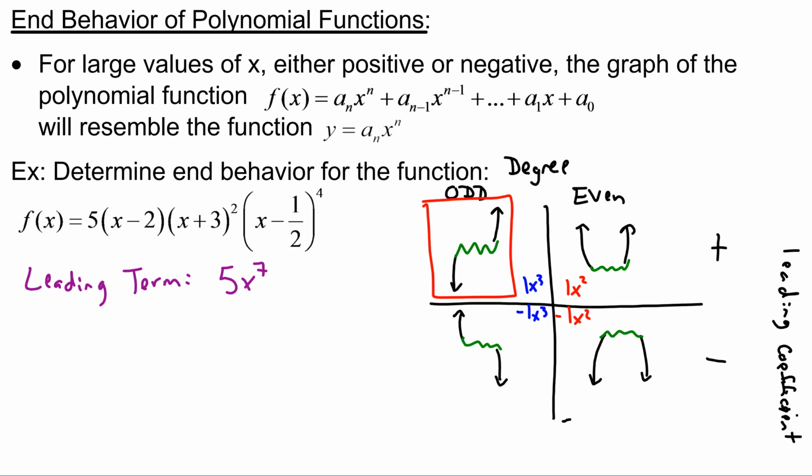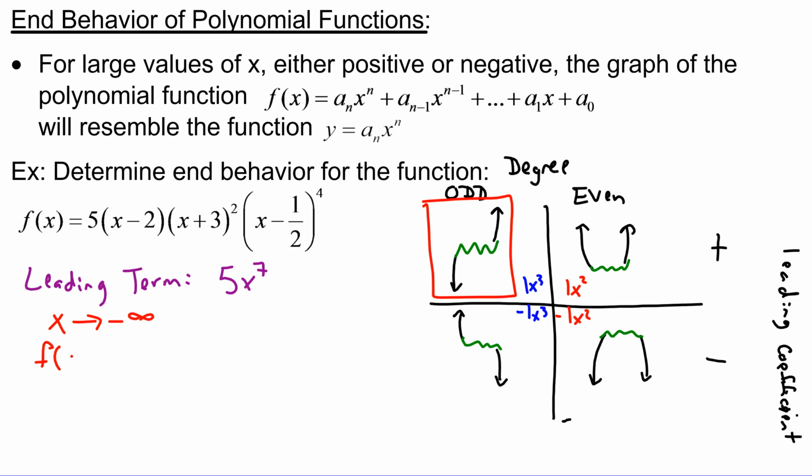And how we describe that, we can describe it 2 ways. A common way is to discuss it in terms of what x is doing when it gets very large negative or very large positive numbers. So if x is approaching what we call negative infinity, right, this left side of the graph, so x is getting very large in the negative values, then my outputs, the y's, are also getting very large in the negative values.